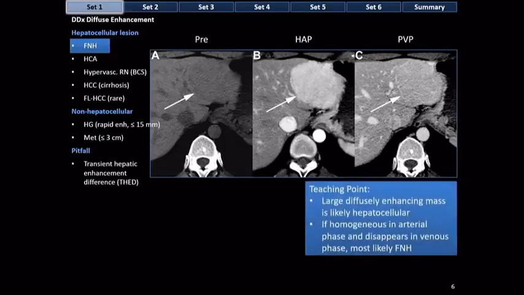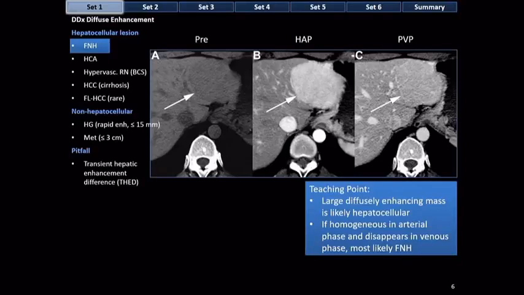So the teaching point, 2, a large diffusely enhancing mass is likely hepatocellular. If it's homogeneous in the arterial phase, and if it disappears in the venous phase, it's most likely a focal nodular hyperplasia. Now, can you make the diagnosis with 100% certainty of focal nodular hyperplasia in this case?